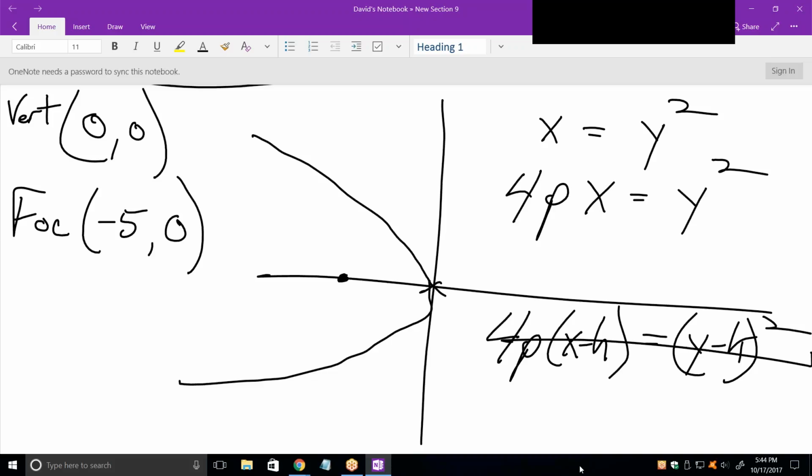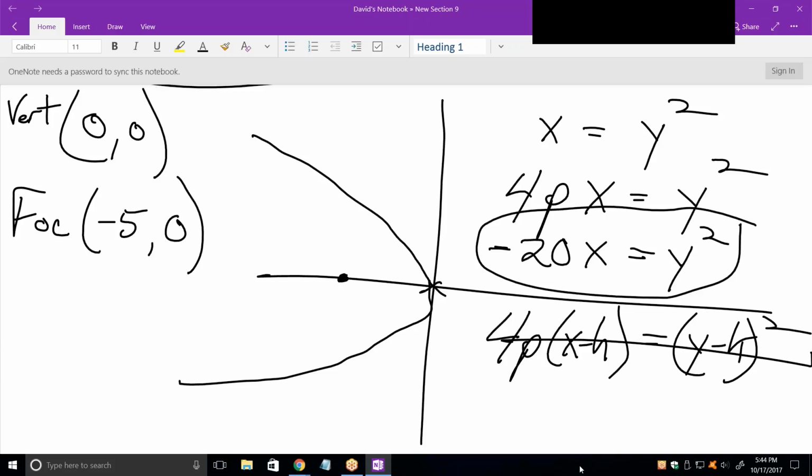If I substitute 5, I would get 20x equals y squared. That wouldn't be the right parabola; that would be this parabola opening the other way. So if I put minus 5 in, I get this, and that's the equation that describes this parabola.